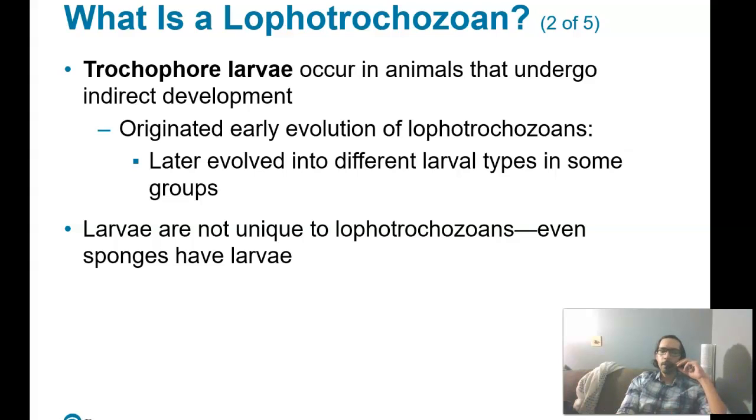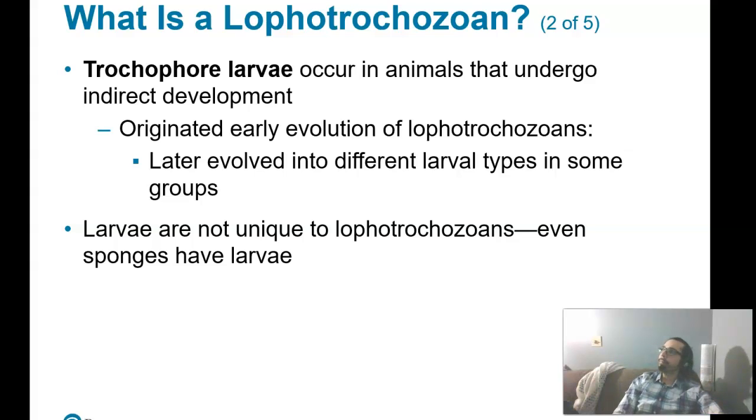So the trochophore larvae originated early in the evolution of Lophotrochozoans, and then it later evolved into different larval types in some of the groups. But one thing that you should know is that the larva is not unique to Lophotrochozoans, because other groups like sponges also have larvae.